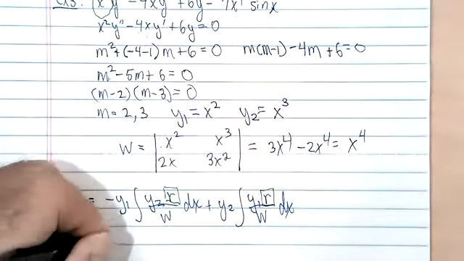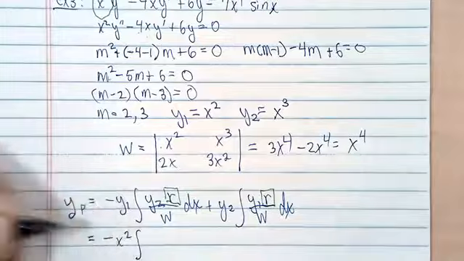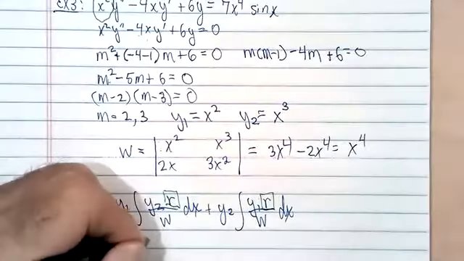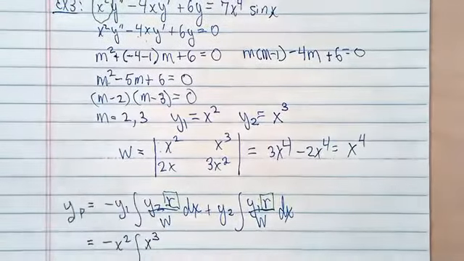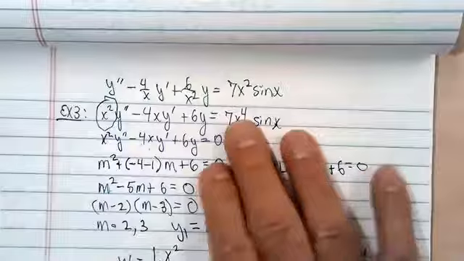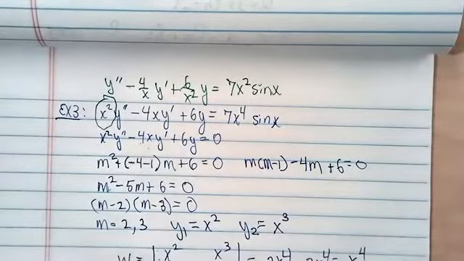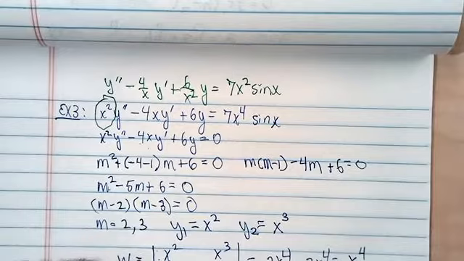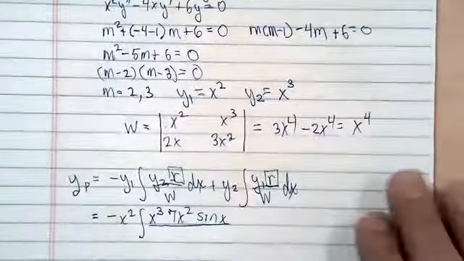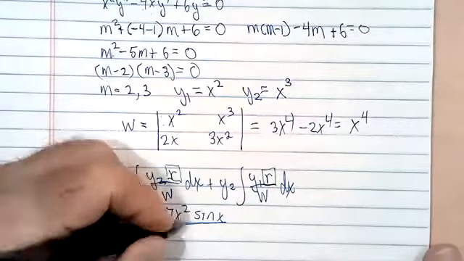Minus y1, which is x squared, times the integral of y2, which is x cubed, times r, which we now are clued in is 7x squared sine of x, over w. w is x to the fourth.